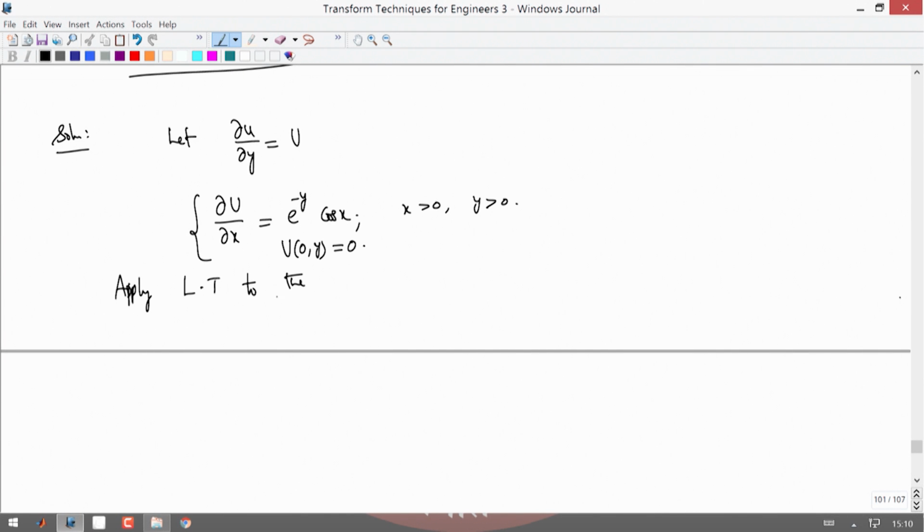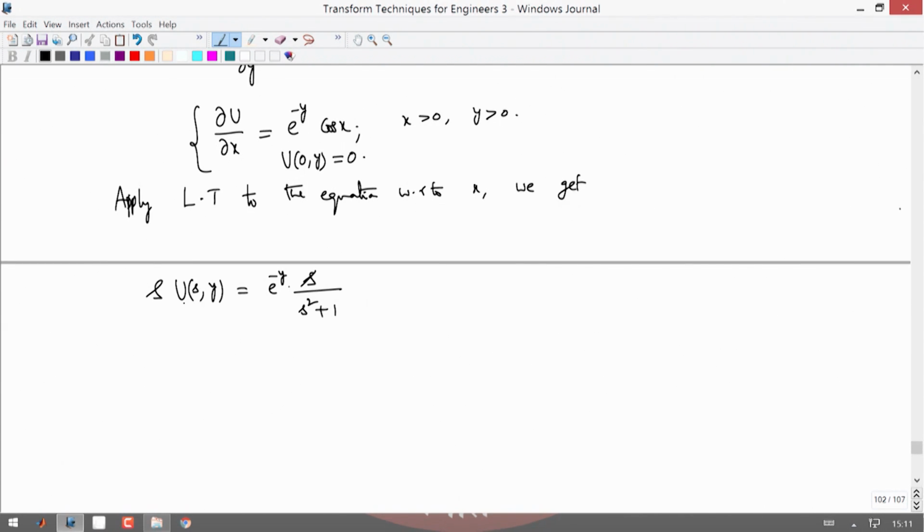If you apply the Laplace transform to this equation with respect to x, we get s U, capital U of (s, y), where x becomes s and you keep y. The right side, e power minus y cos x, will be e power minus y times s divided by s square plus 1.